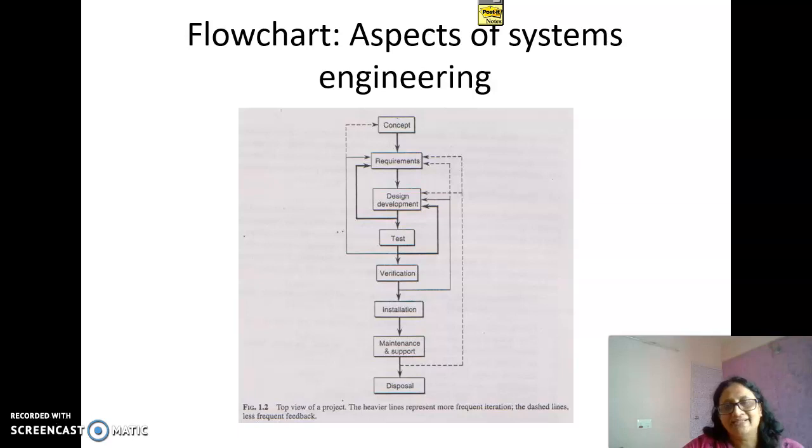Concept development is nothing but defining the problem or defining the system. To define the problem definition of the product especially, we need to first understand the problem clearly, because we cannot define a problem without understanding it. So this first phase is very important.